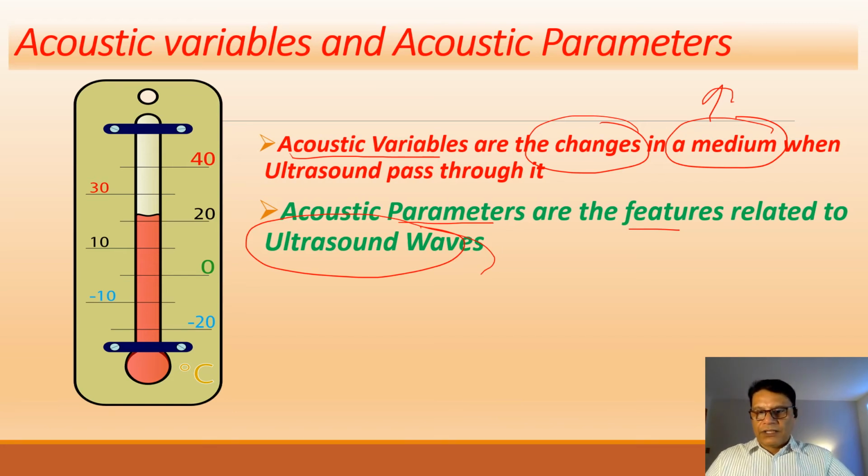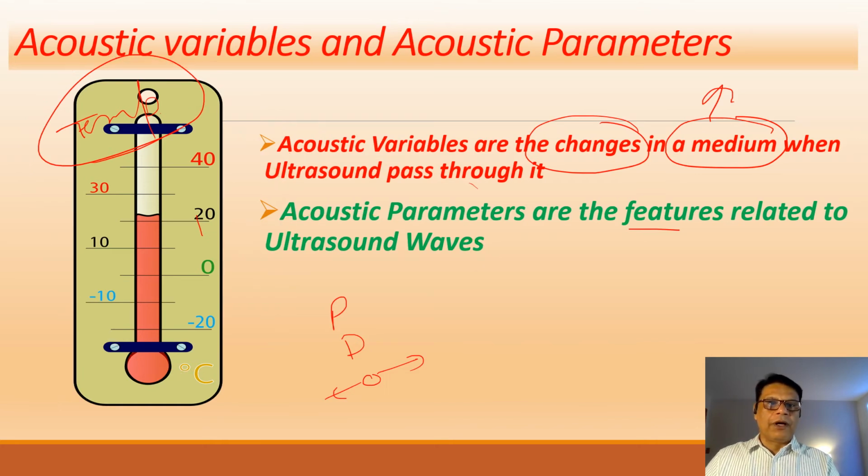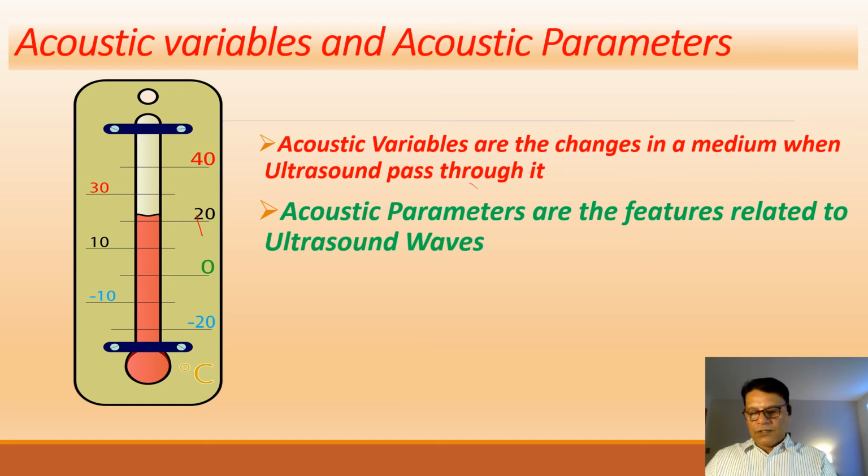Acoustic variables are the result of the introduction of ultrasound waves, and acoustic parameters are the characteristics a sound wave holds. We discussed before that the acoustic variables are pressure, density, and particle movement, and some people also include temperature as the fourth acoustic variable, but the temperature of the human body remains constant, so it has no significance on any characteristics of the sound wave.